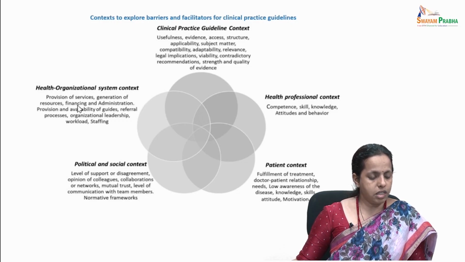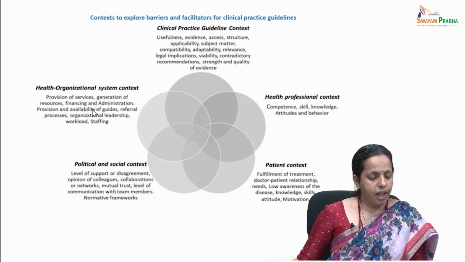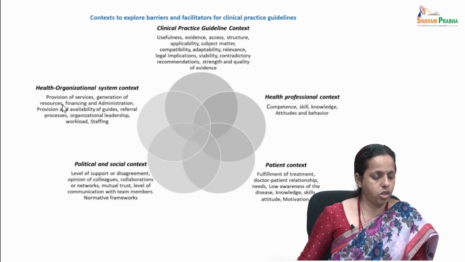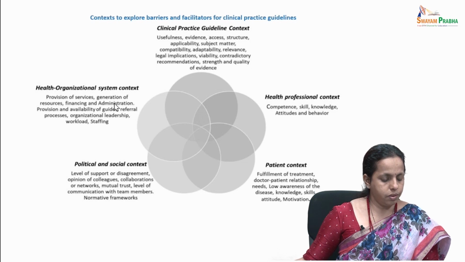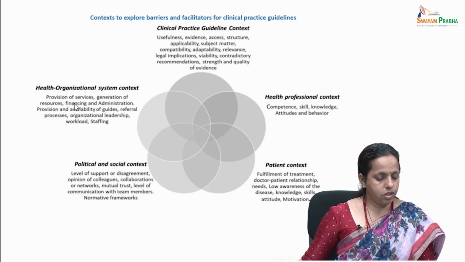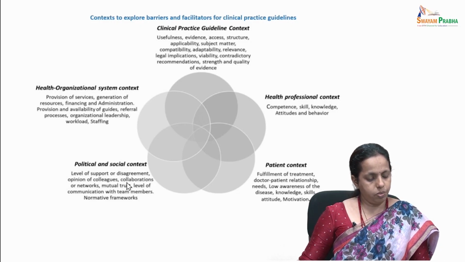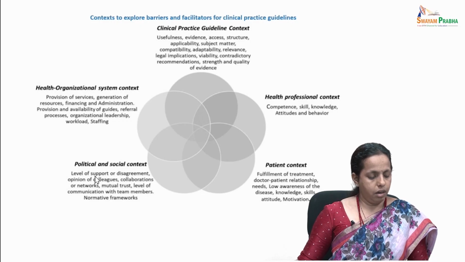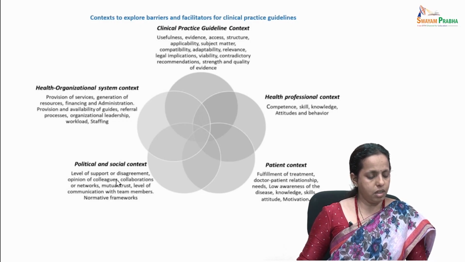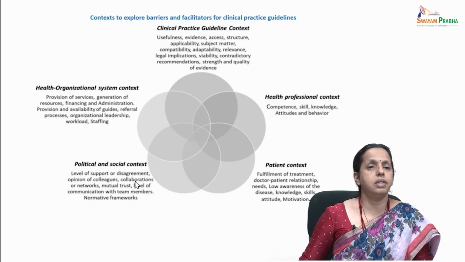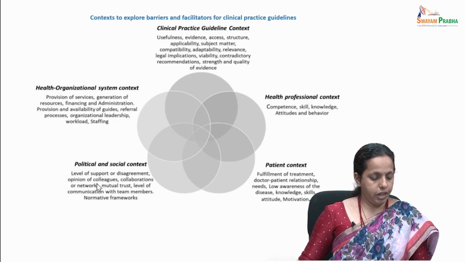From the health organizational system approach, there should be provision of services, resources, financial and administrative provisions, and availability of guides. Then there is political and social interest, the level of support or disagreement, and the opinion of colleagues.